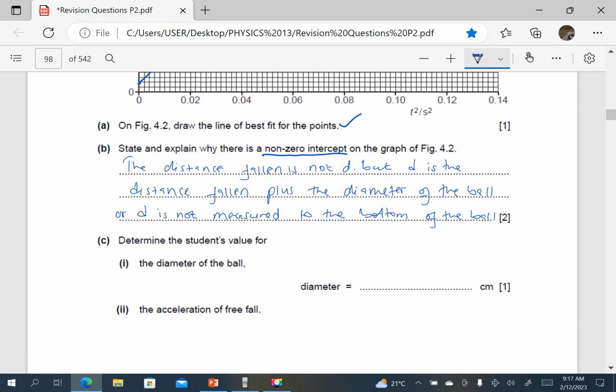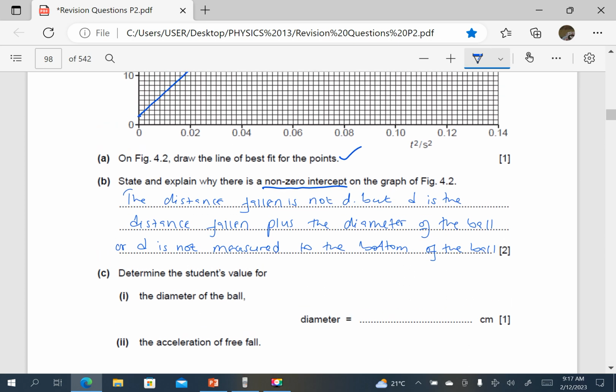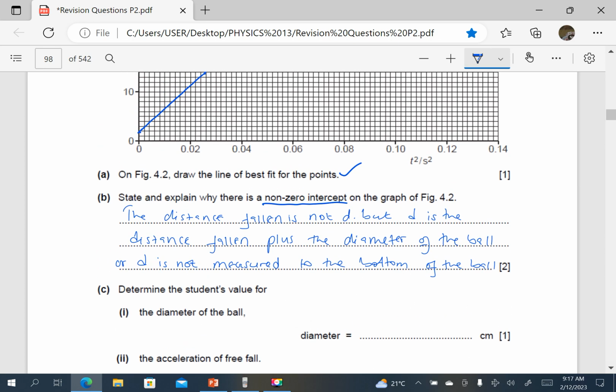Determine the student's value for the diameter of the ball. Of course, you just look at the graph for the y-intercept. This is approximately in the center of this box. The scale is 10 small squares for 1 unit, which is 1 centimeter.